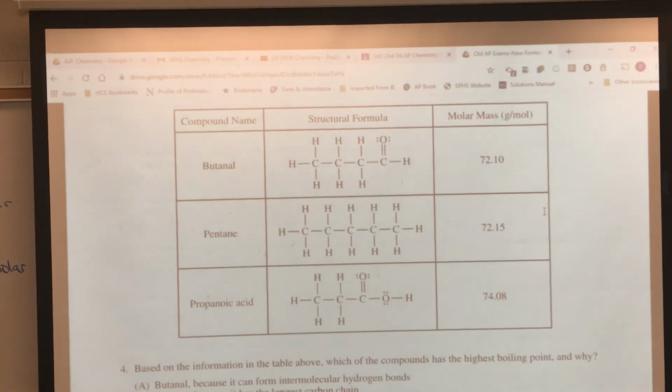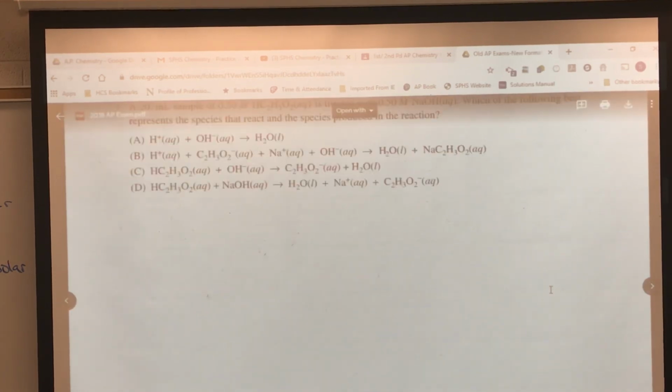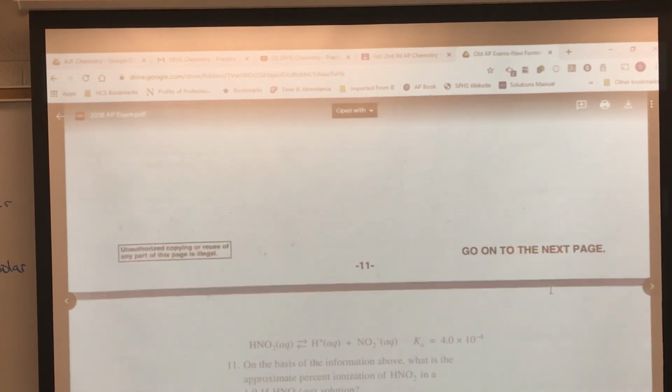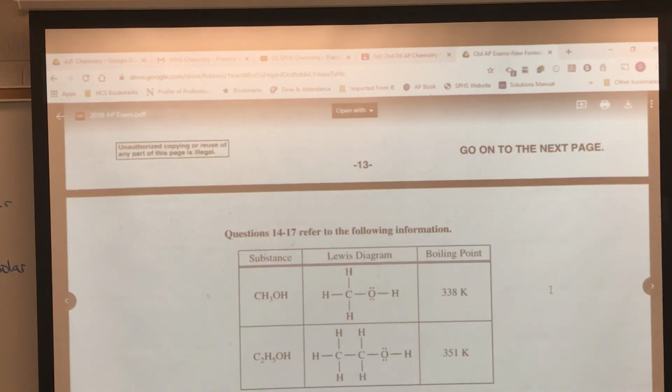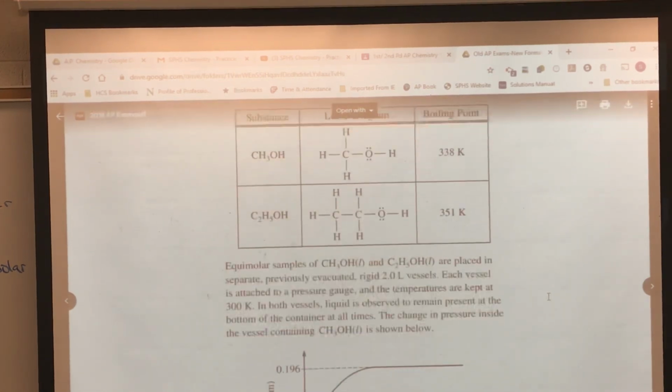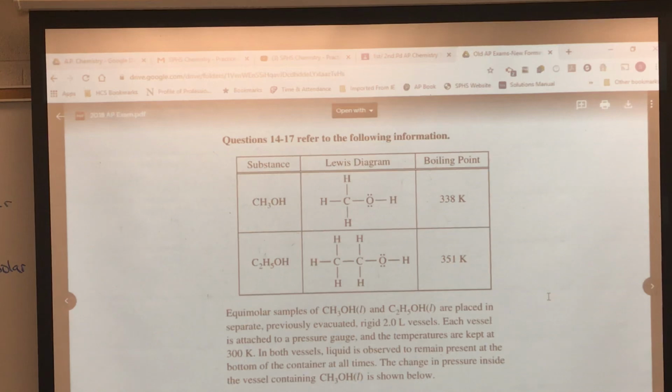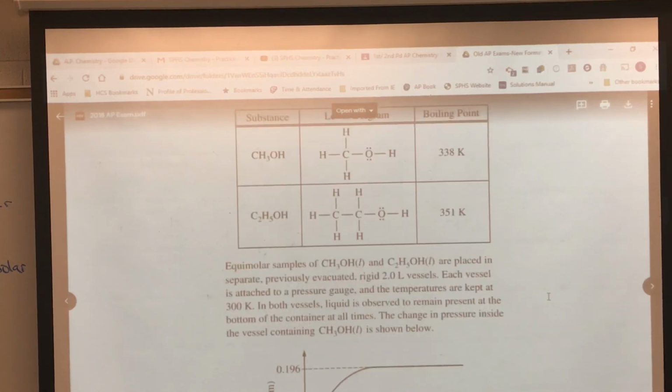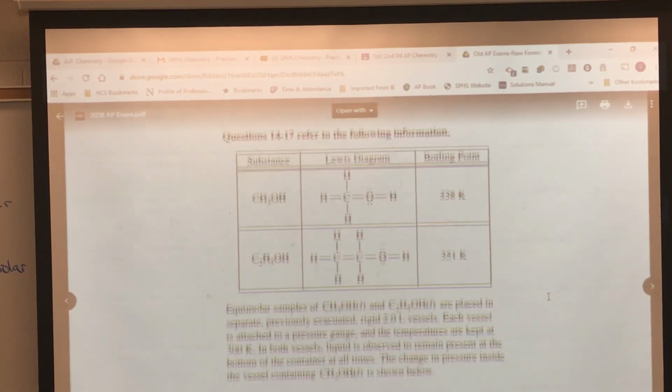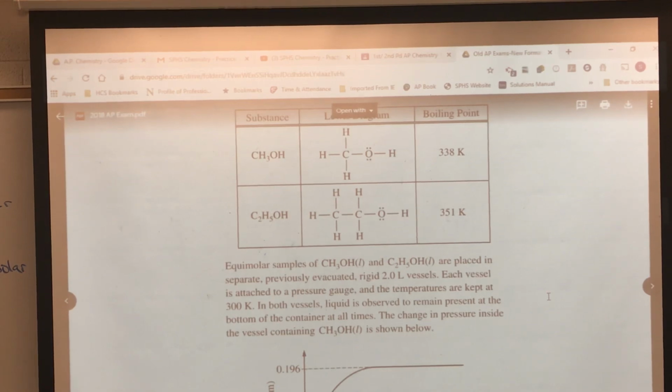All right, let's look at another one. Okay, got to zoom down, page down. All right, so here are some good ones here. Okay, 14 through 7, we don't need to see that.